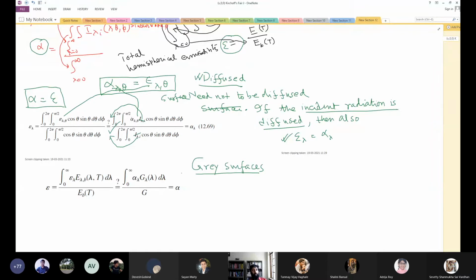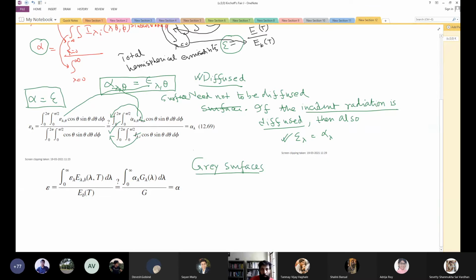If the surface is being irradiated by a black body, then also it will hold. But that does not happen for many cases. Black body radiation doesn't occur over a long wavelength range.